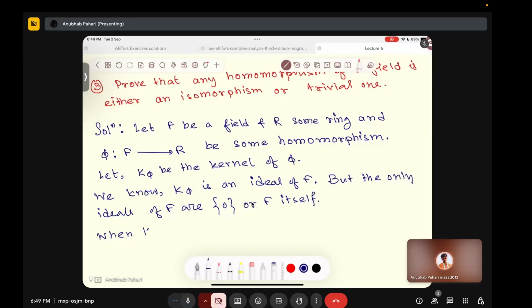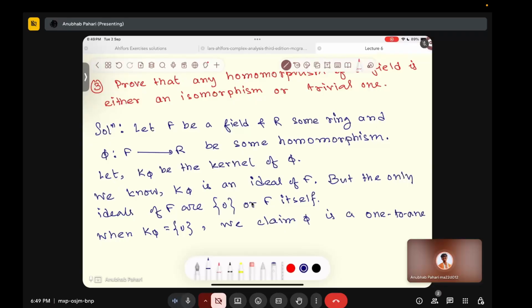So when K phi equals 0, we claim phi is a one-to-one mapping.